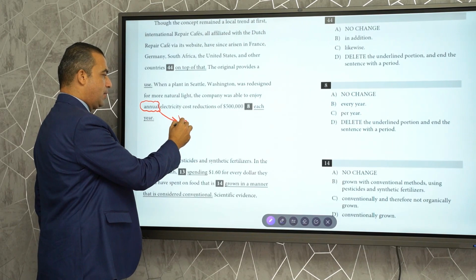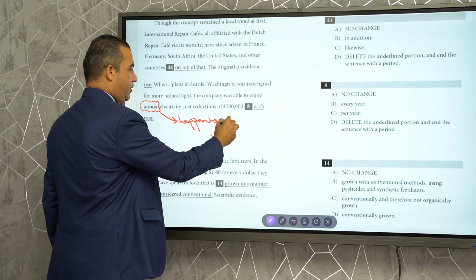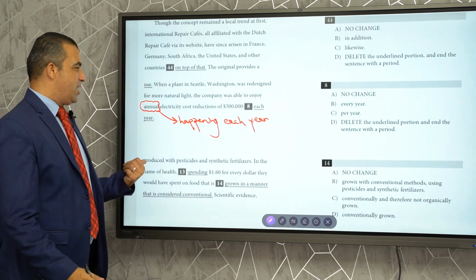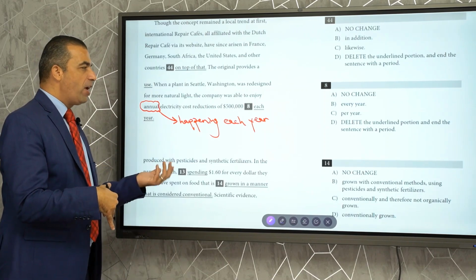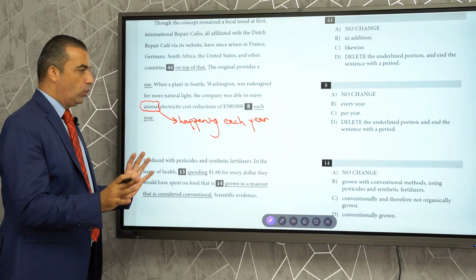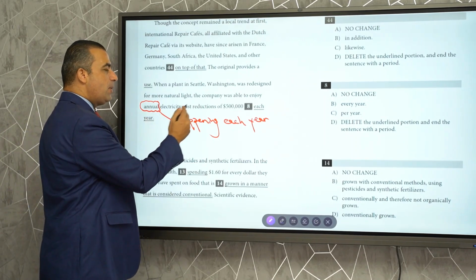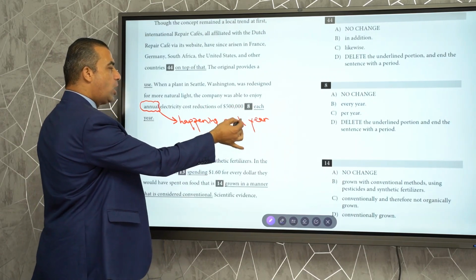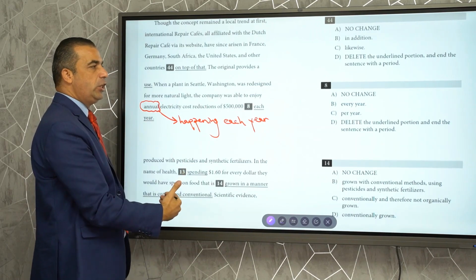Annual means happening each year. So can I say annual electricity cost reduction of $500,000 each year? Of course not, because annual means something that happens every year or each year. So you are making a redundancy.